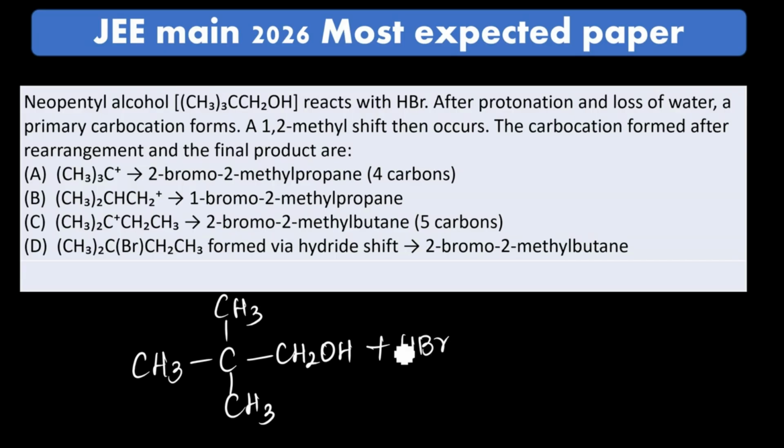Okay, protonation and OH2 will leave the compound, so it will form a primary carbocation. A 1,2 methyl shift occurs. Yes, the methyl shift will happen, which will lead to a tertiary carbocation.